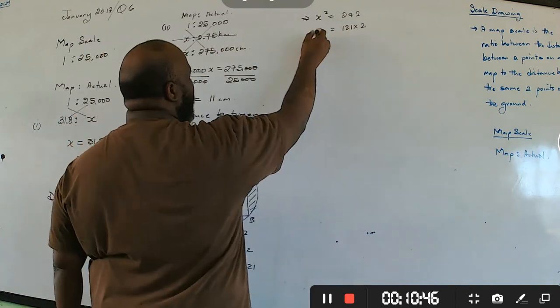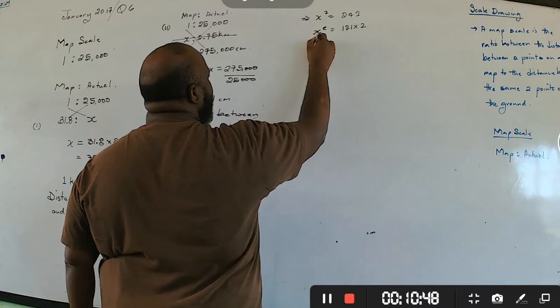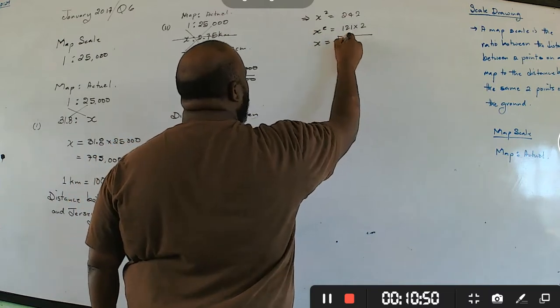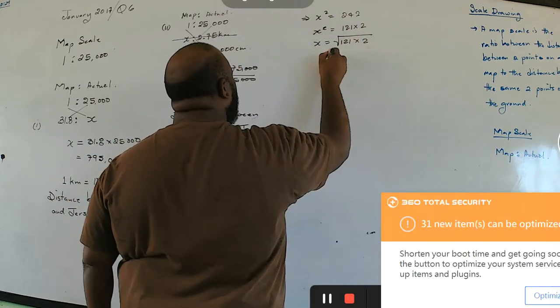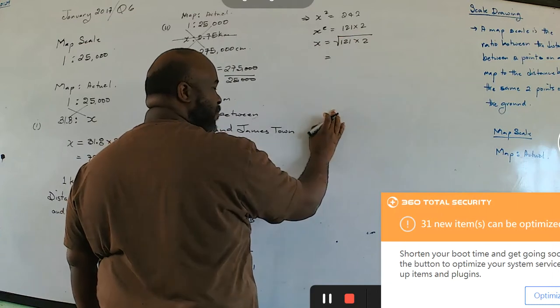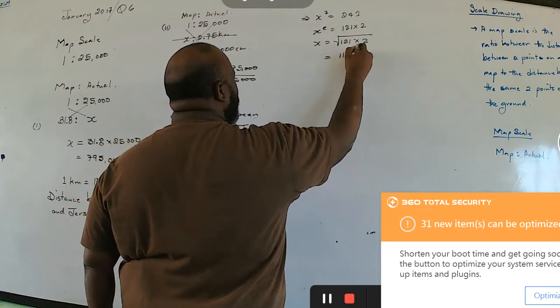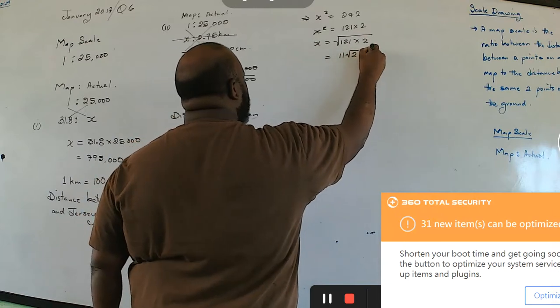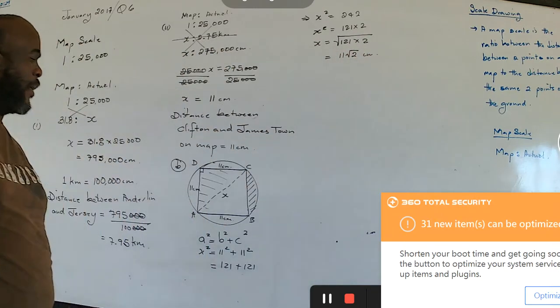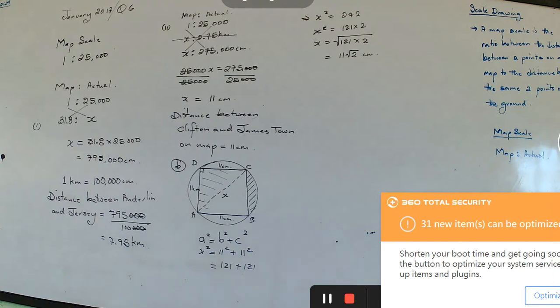The opposite of square, square root. X is the square root of 121 times 2. What's the square root of 121? 11. This is 11 multiplied by the square root of 2 centimeters. The diagonal is equal to 11 root 2.